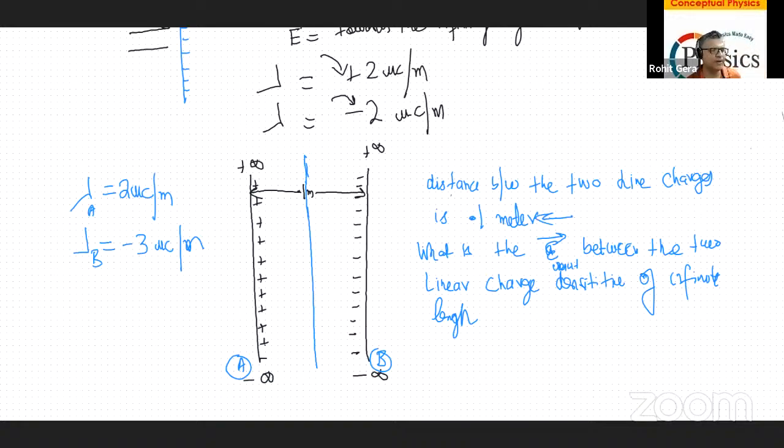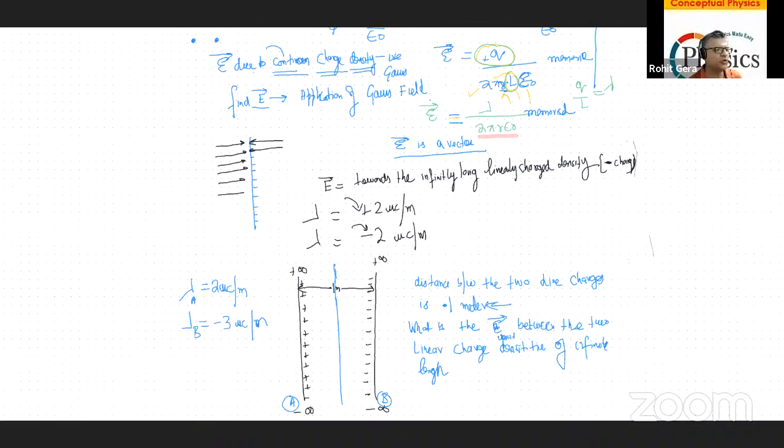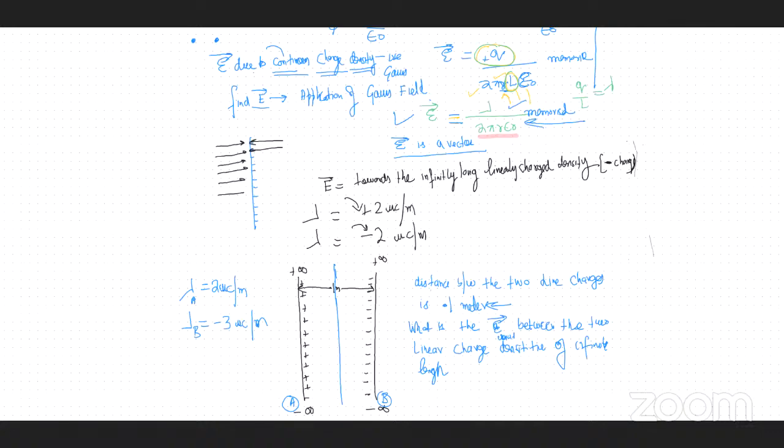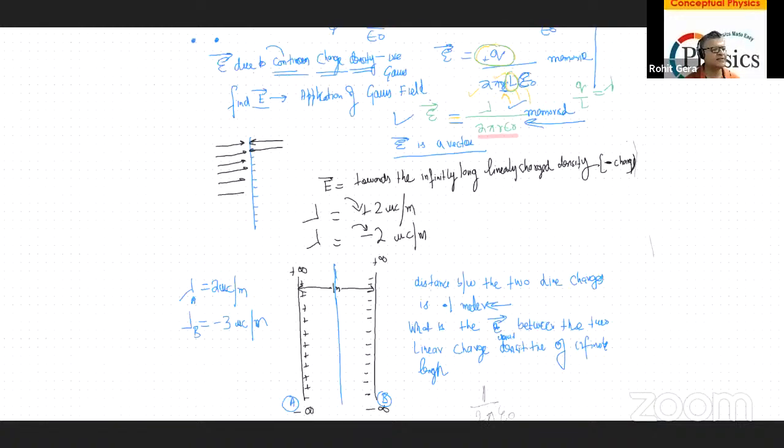You know the concept by now. If you have to find the electric field due to an infinitely long charge, this is the formula you're supposed to use: lambda over 2 pi epsilon naught r, right?